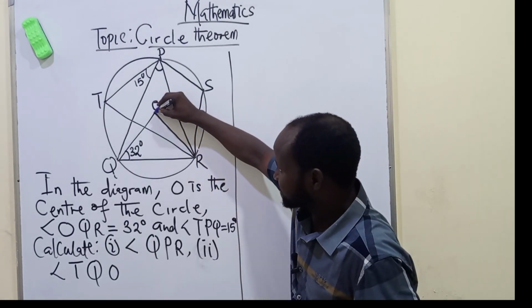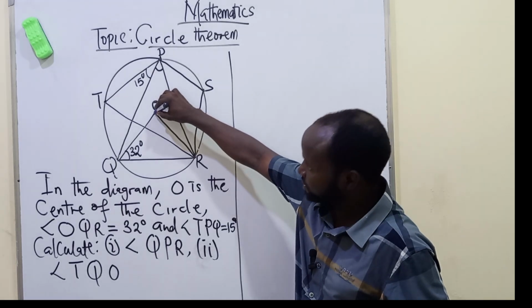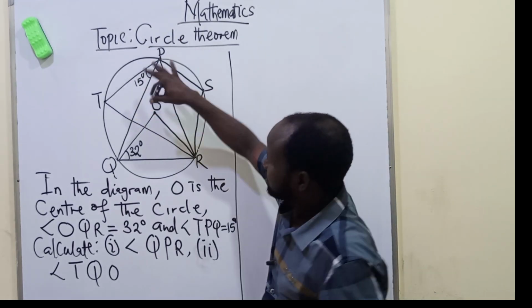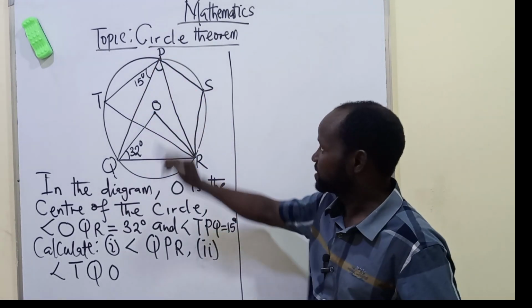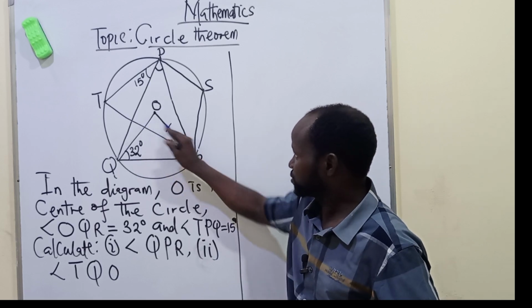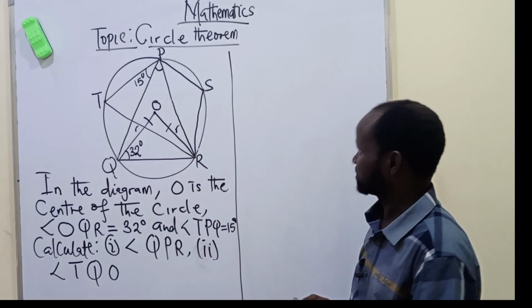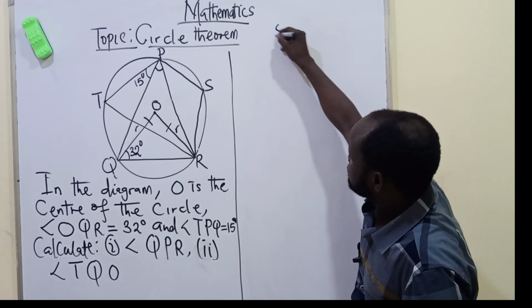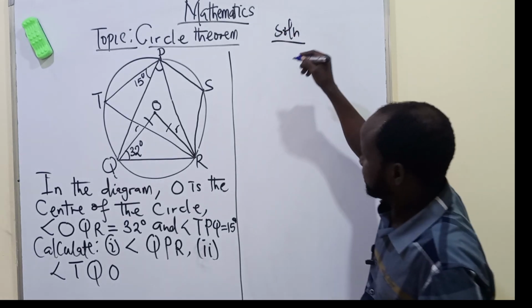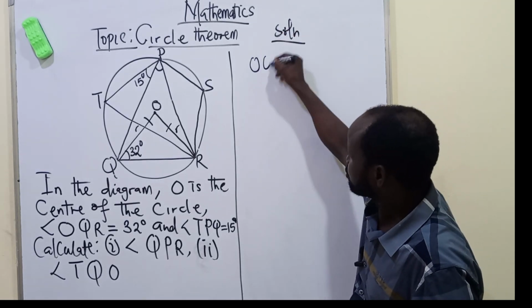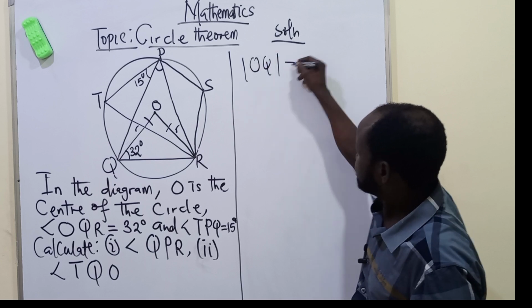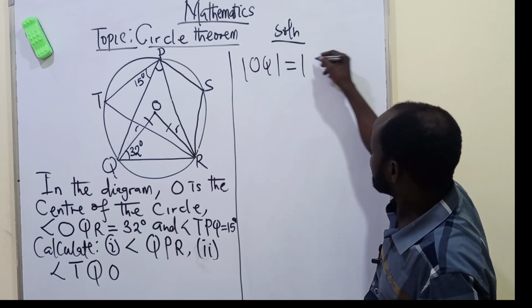If this is the center, any movement from this point to any point on the circumference will be equal in length. It means this will be the radius and this will be the radius. They are of equal length. Okay, so let's write down the solution. We can establish the fact that length OQ will be the same as length OR.